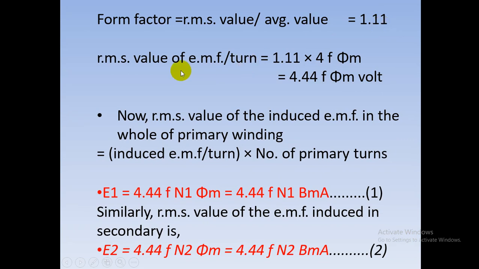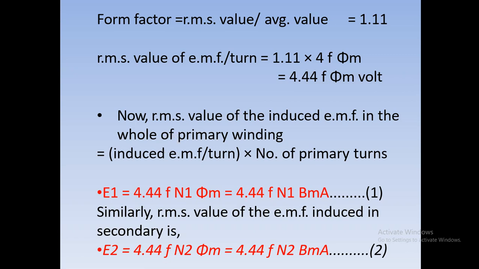So the RMS value of EMF per turn is 1.11 times the average value, 4f phi m. The product of these two gives 4.444 f phi m volts. This is the value per turn.